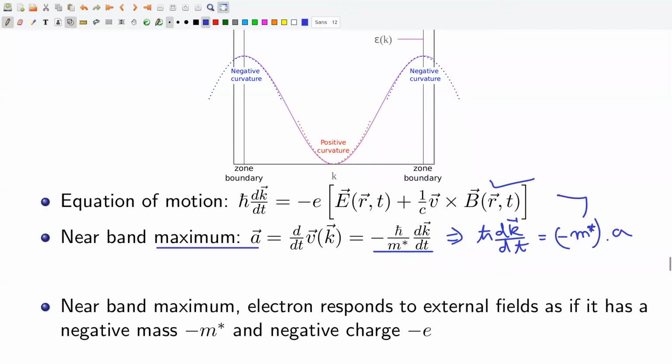Now we put it in this equation and we get minus m star times a is equal to the force.